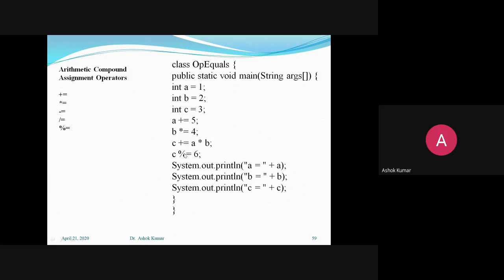The next step is 51 remainder 6, which will give you 3. So the value of c will change to 3. See, here it's performing c modulus 6 and storing the result in c again.